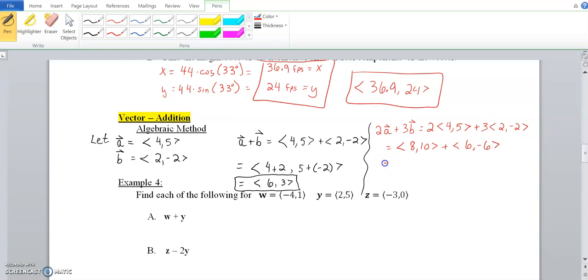Then again, when you do these vector additions, you say x1 plus x2, and then y1 plus y2. What you end with is <14, 4>.